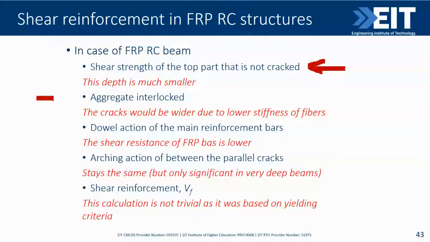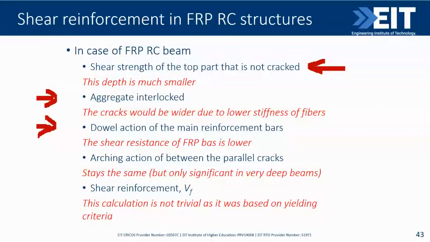Aggregate interlock: what happens with it? The width of the critical diagonal crack in an FRP reinforced beam is likely to be wider because the flexural stiffness of FRP rebars is lower. The strength is higher, but the stiffness is low. So it's likely to be wider, which means we'll be reducing this contribution as well.